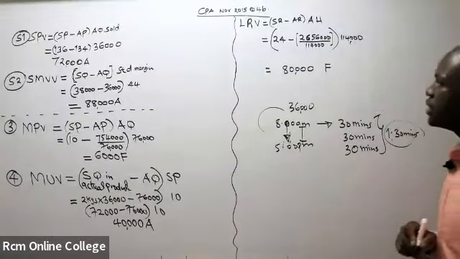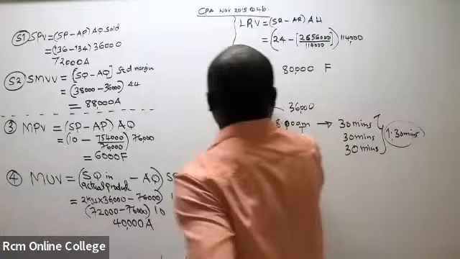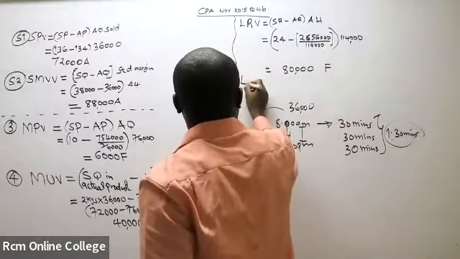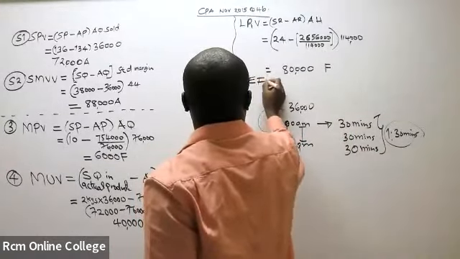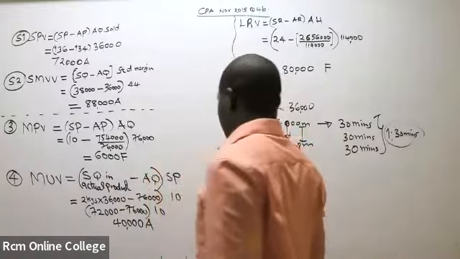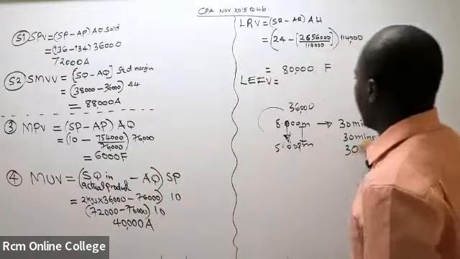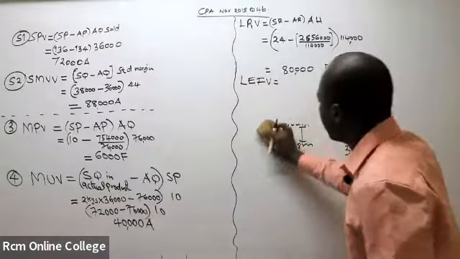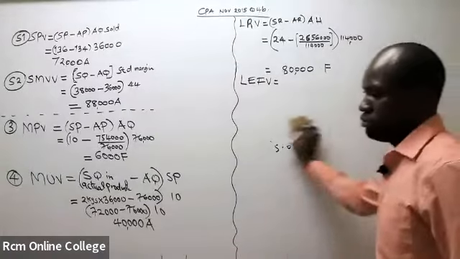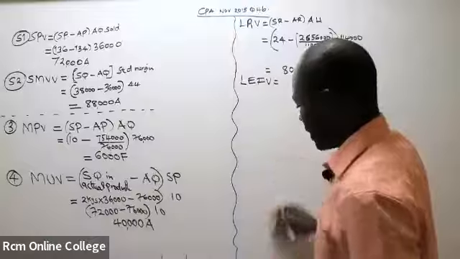Now, it means we have to go ahead and look at what we call labor efficiency variance. How effective is it that the labor paid for is converted into production? How effective is that?